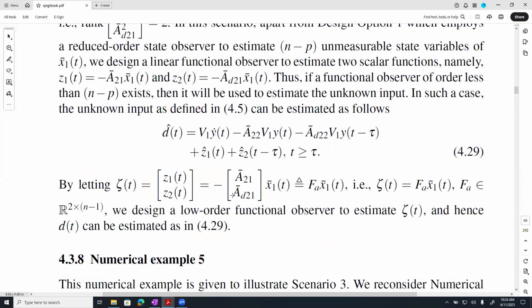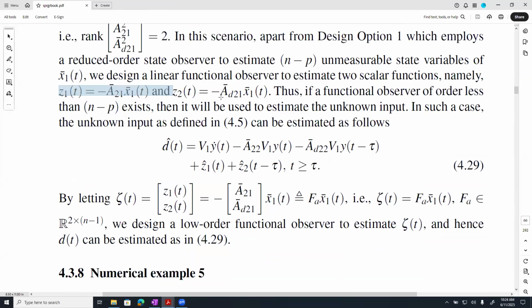So when we estimate the two functionals itself, we do one big functional observer where we stack these two functionals together, and therefore instead of just having one row, we have two rows, and then we call that a new matrix, and then we realize this functional with two dimensions, with two functionals in one go.